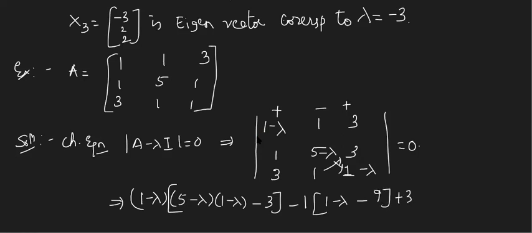Plus 3 into. Excuse me, ma'am, in the determinant, the second row, last digit is 5 minus lambda, and you have written 3 there. It should be 1. Okay, this element is not 3, it is 1.